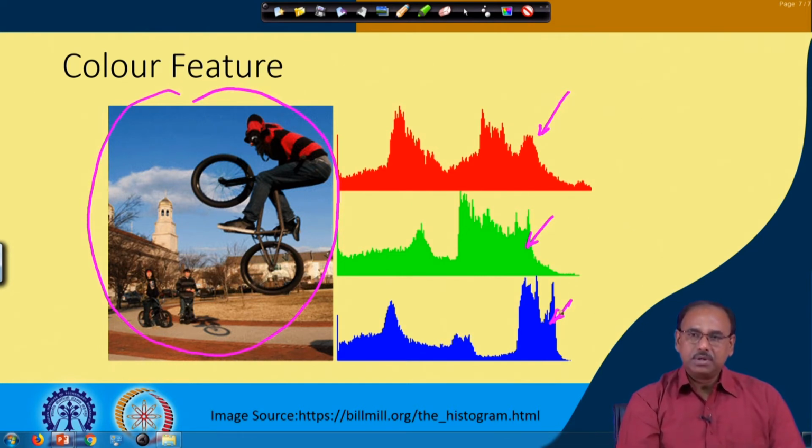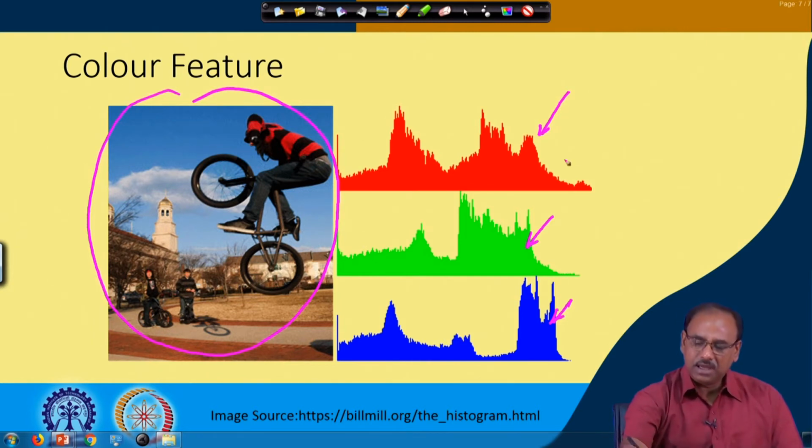So, as we have seen in the previous example with the black and white or grayscale image, the shape of the histogram gives you important information about the intensity distribution within the given image.